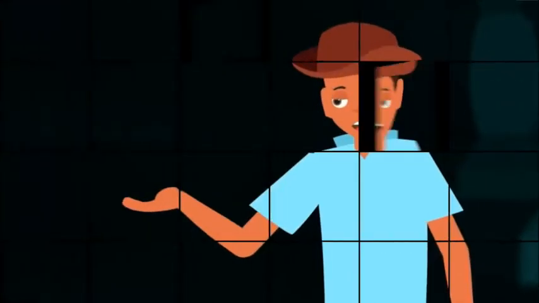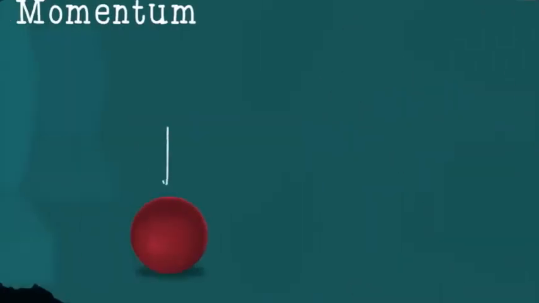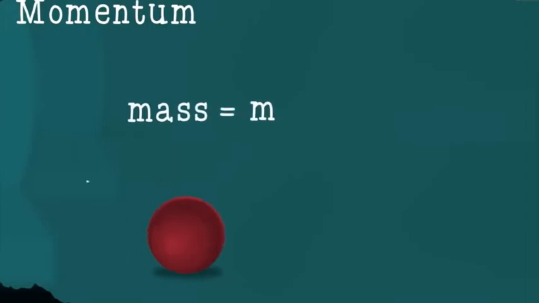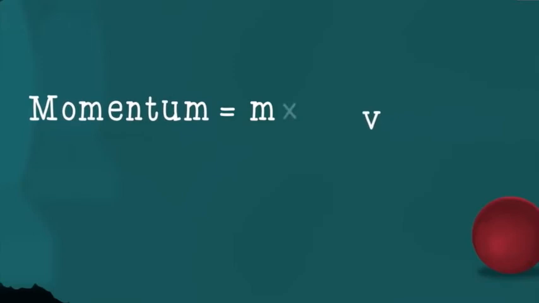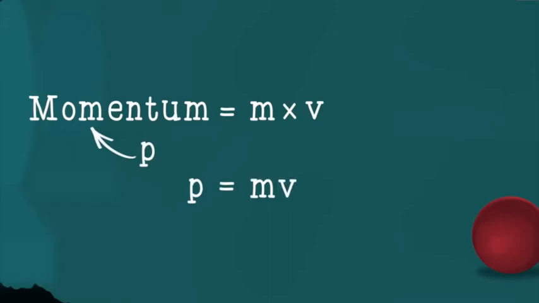So, for an object with a mass m and a velocity v, momentum is mass times v, the product. We use lowercase p, which is equal to m times v.